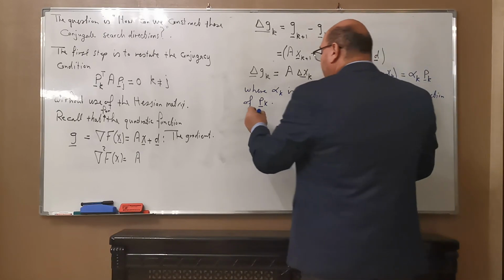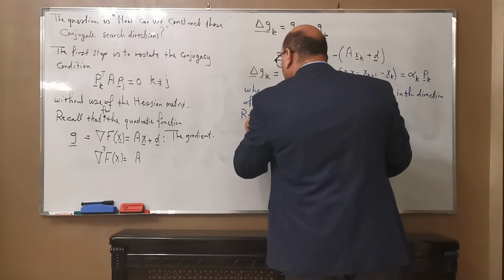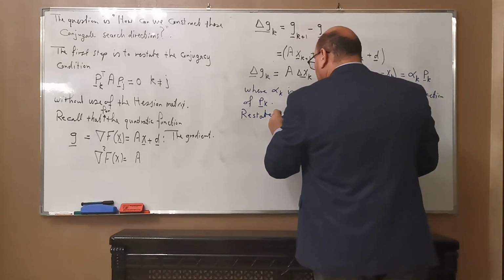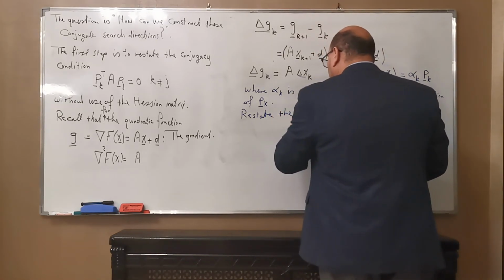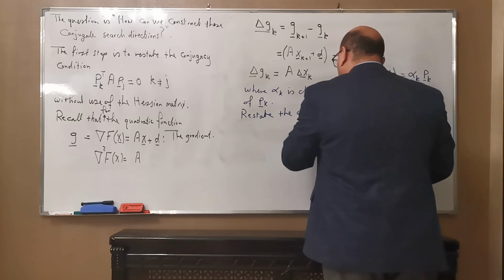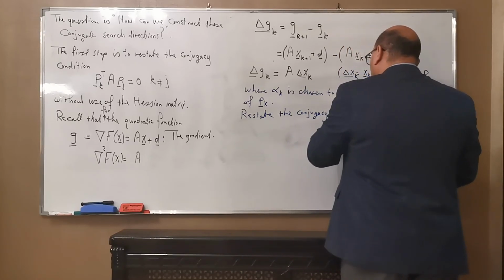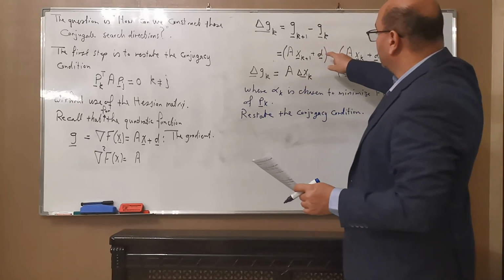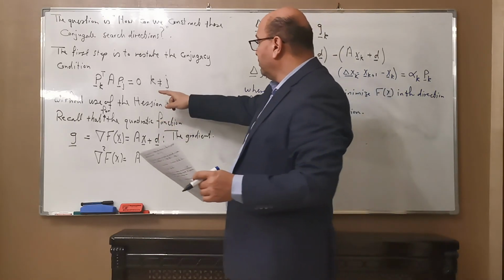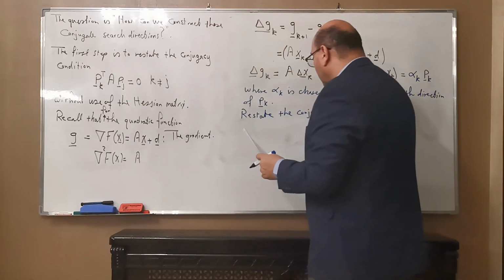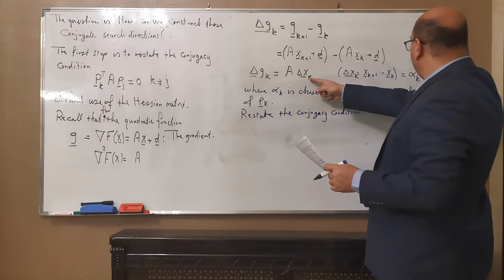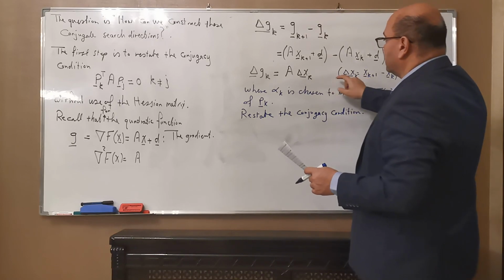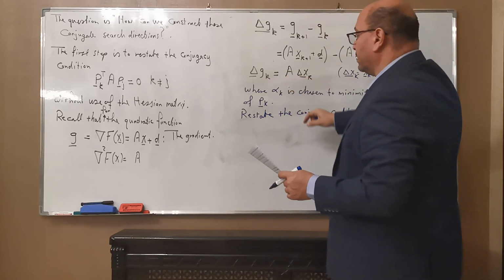So if we restate the conjugacy condition, and now take the delta x that we have, notice that alpha k p k is equal to delta x, and delta g is equal to A delta x.